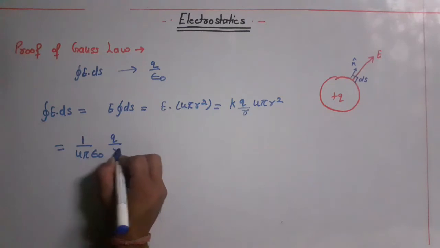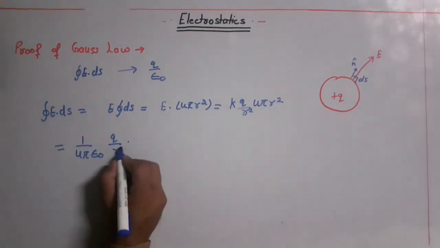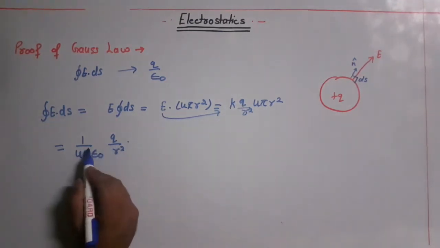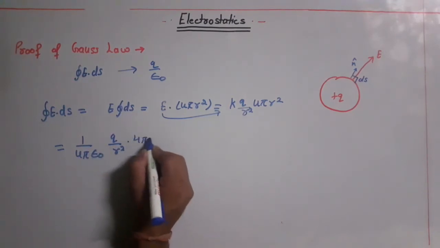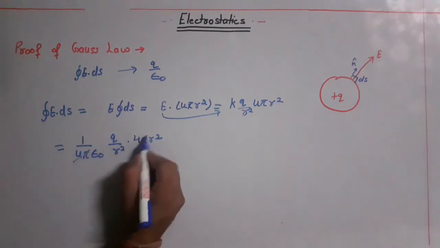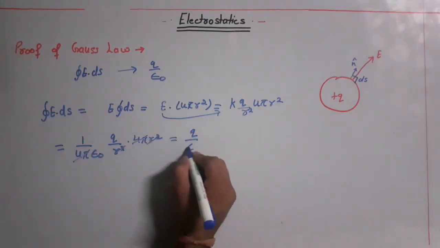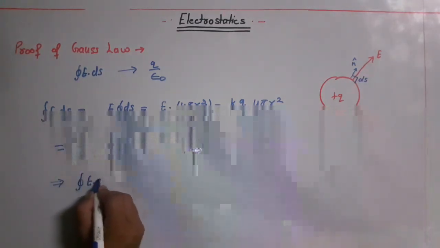So we get 1 by 4 pi epsilon naught into q by r square, whole into 4 pi r square. Now 4 pi and r square cancel out. What we get is q by epsilon naught. So this proves that the integral of E dot ds is equal to q by epsilon naught, which we had to prove. So this is the proof of Gauss law.